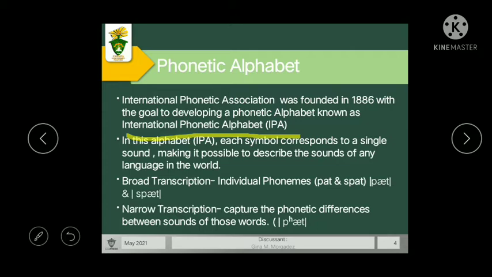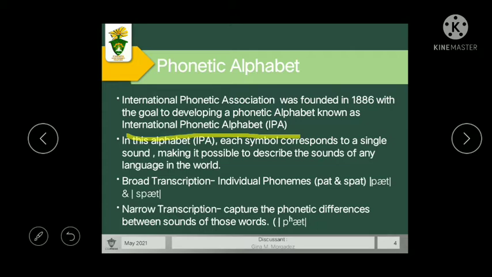Because in the English alphabet there is not a one-to-one correspondence between sound and grapheme, and graphemes can have more than one pronunciation.